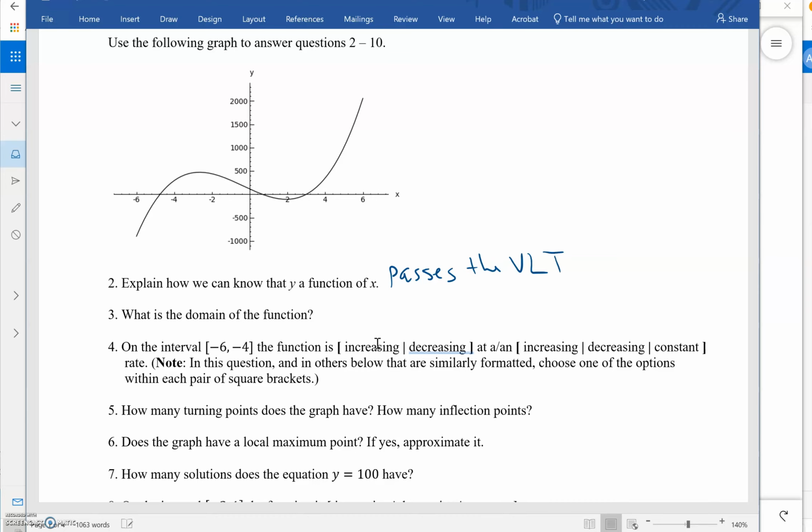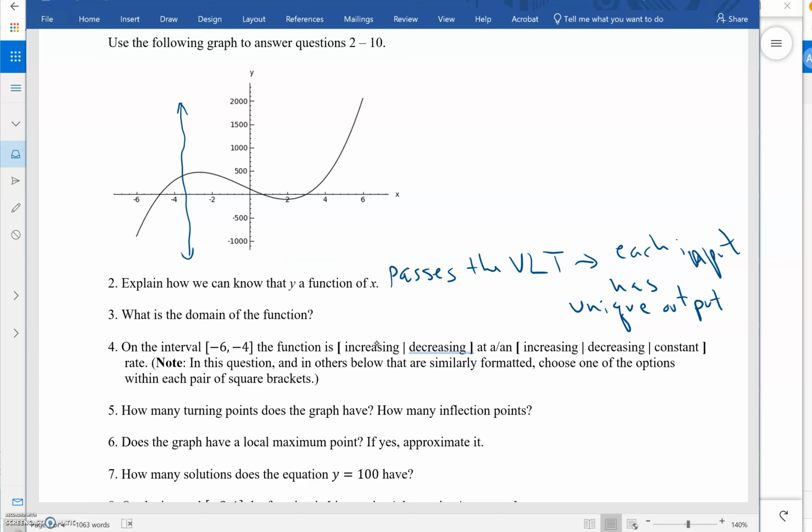Specifically that means each input has a unique output. If you let a vertical line move through the entire function, you're never going to intersect the function more than once, and that's what has to happen for it to be a function.